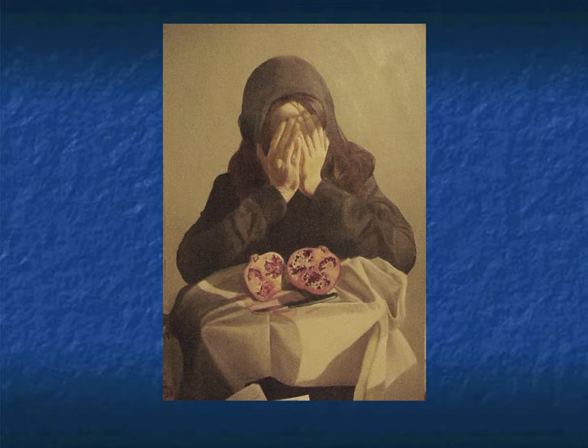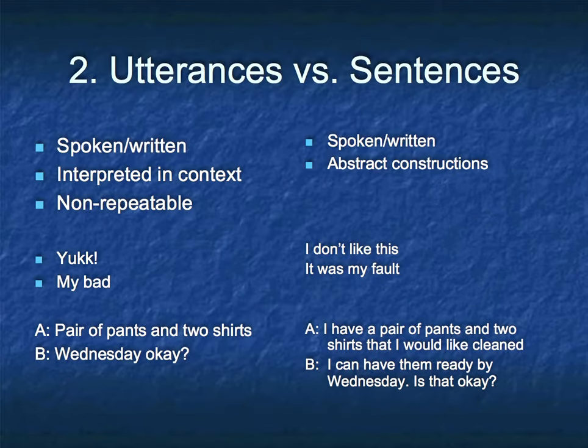Okay, so the next key terms are the relationship of utterances and sentences. Griffiths makes a distinction here, which perhaps you might find hard to understand. You probably think of utterances as being something spoken and sentences as being something written.